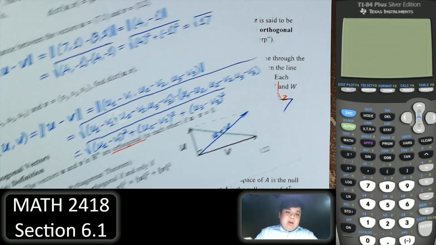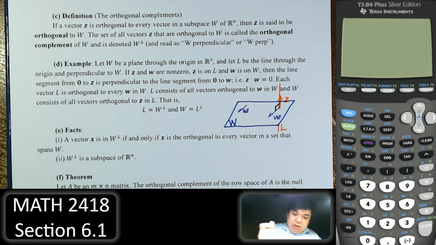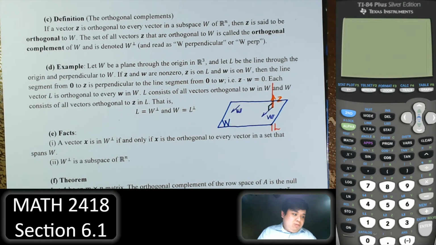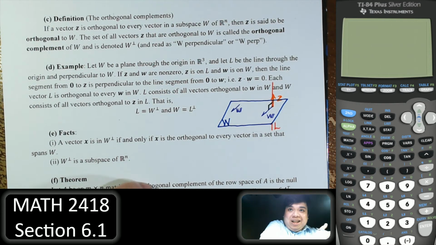So in that case, a 0 vector is by definition orthogonal to all the vectors, because the dot product equals 0. Just by definition. That's the way we define it, right?